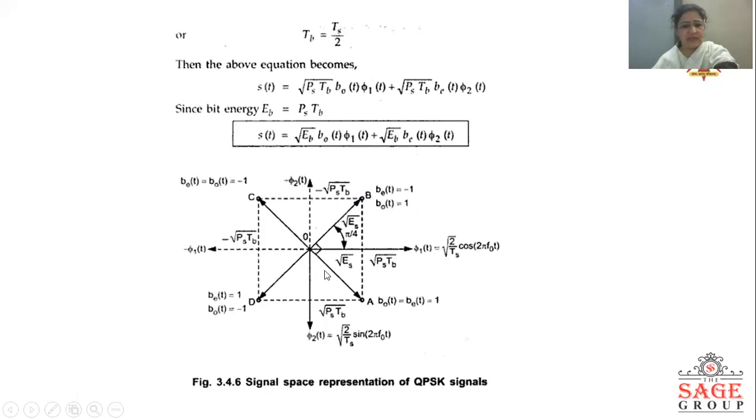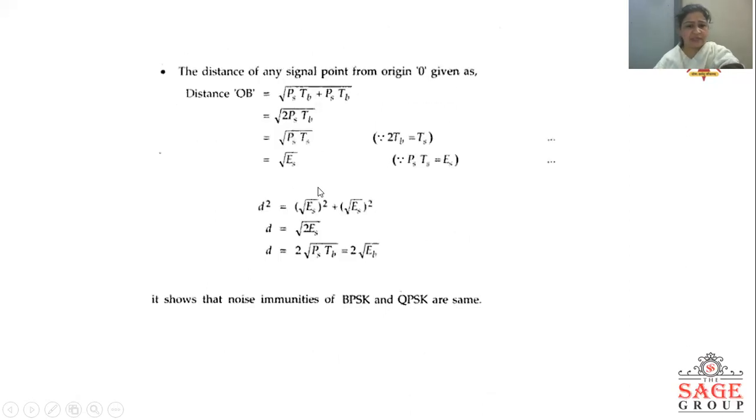So we have root EB here and root EB here. According to the Pythagoras theorem, it will be the square root of EB plus EB, which is 2 EB, and it will be given as root ES. So the distance of the signal point from the origin OB will be root ES.